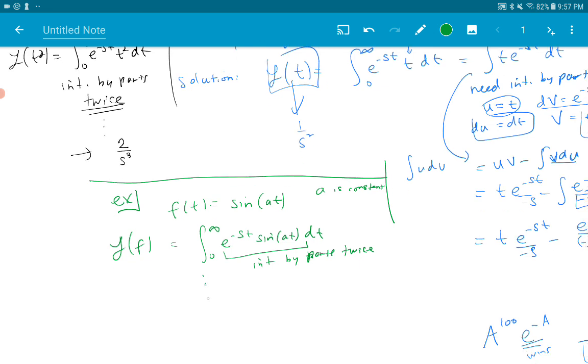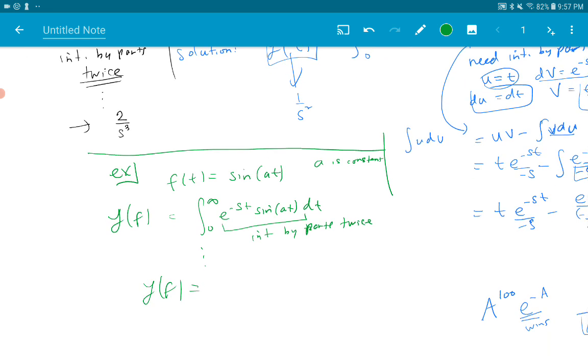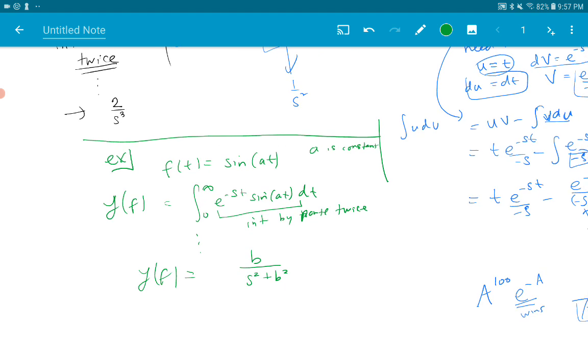But if you do all that work, and take the limit as the upper bound goes to infinity, you end up with b over s squared plus b squared. So we'll add that to our table.